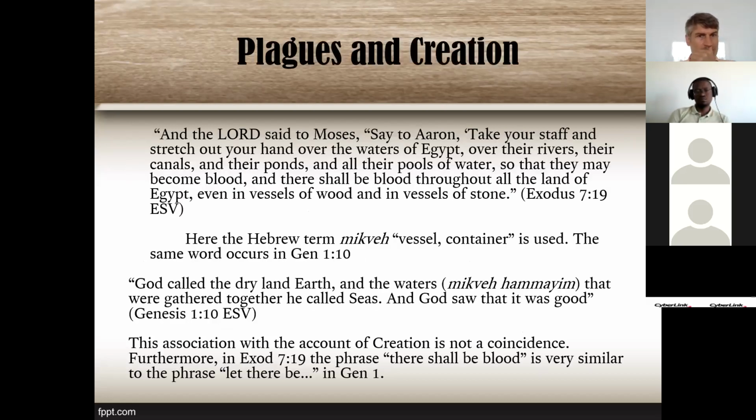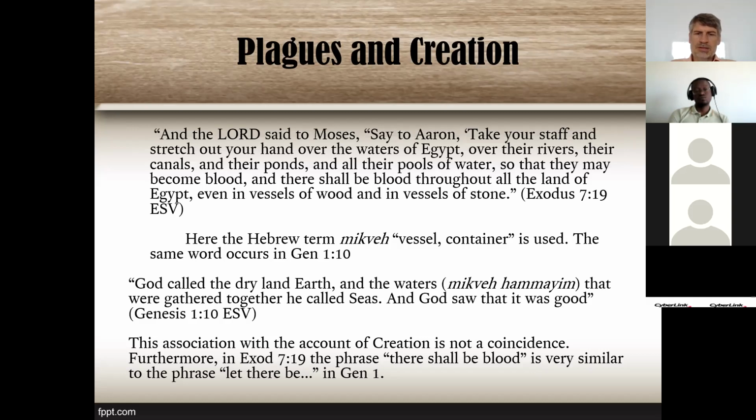And also, an important idea is the relationship between the plagues and creation. We can read, for example: And the Lord said to Moses, say to Aaron, take your staff and stretch out your hand over the waters of Egypt, over the rivers, their canals, and their ponds, and all their pools of water, so that they may become blood, and they shall be blood throughout all the land of Egypt, even in vessels of wood and in vessels of stone.